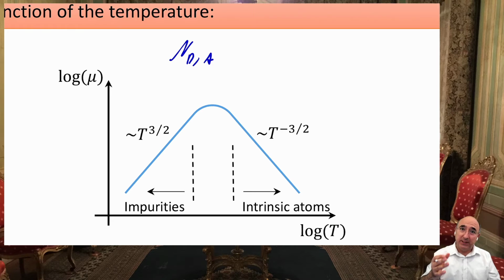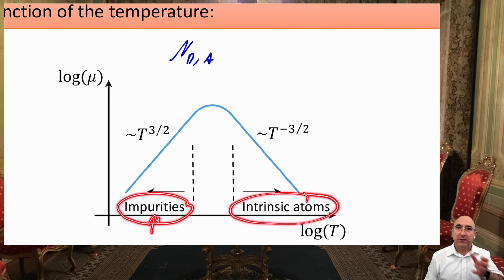Effectively, you heat up and the mobility increases. You heat up further, the mobility decreases. The reason is that for low temperatures, the impurity plays the dominant role. For high temperatures, the lattice itself plays the dominant role. How does that happen?